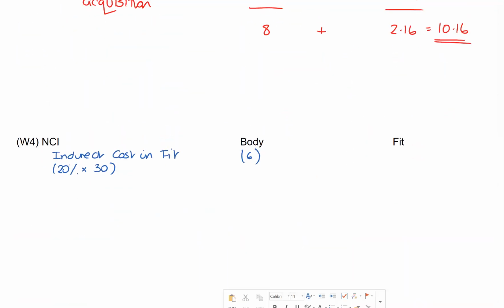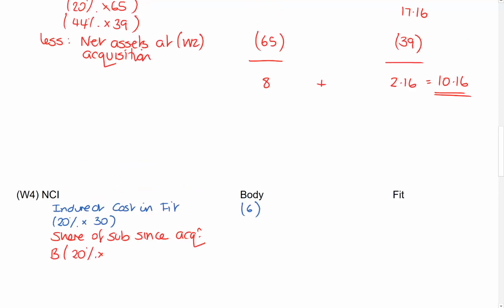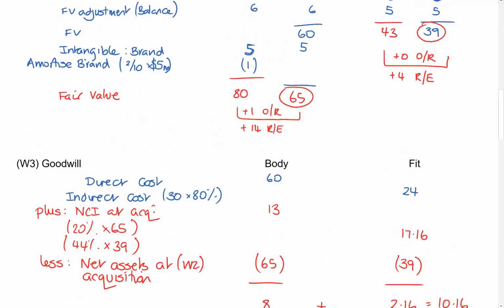We have the NCI. We give the NCI their share of the subsidiary since acquisition. For body, their share is 20%. And remember, the NCI don't care about the differences between other reserves and retained earnings.